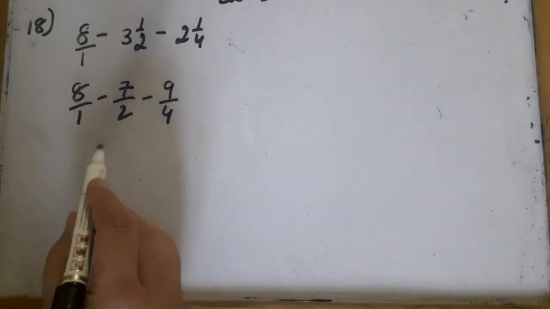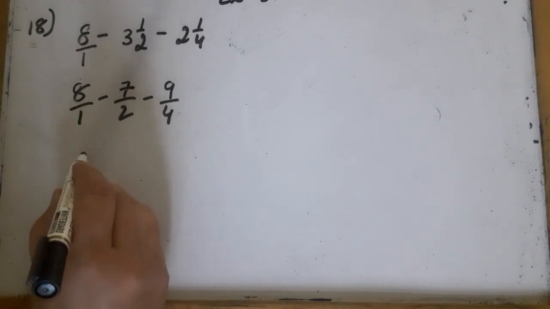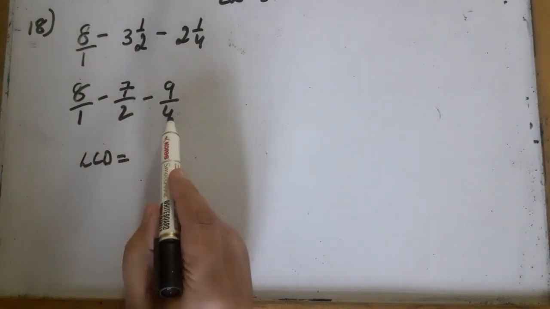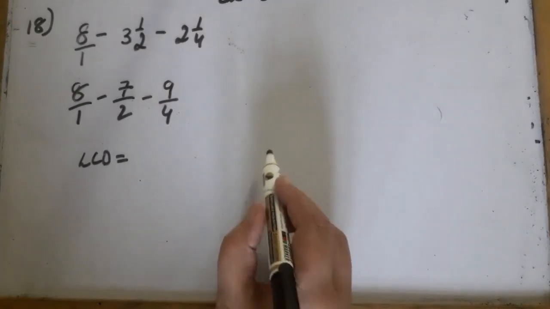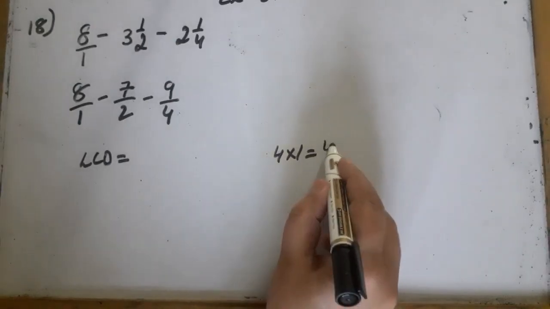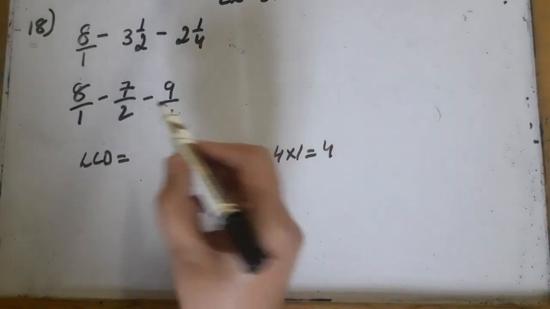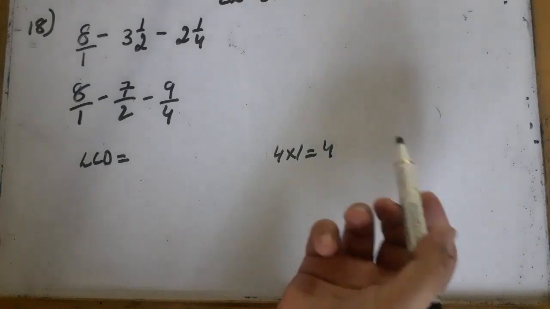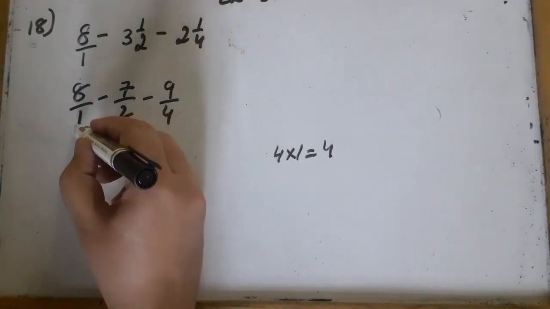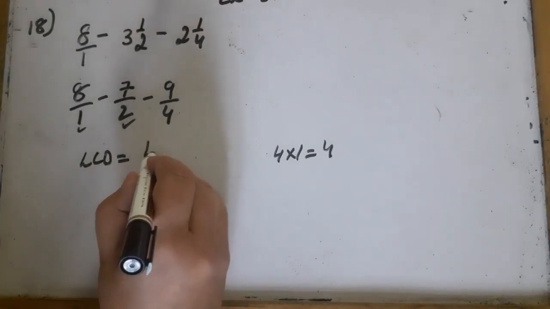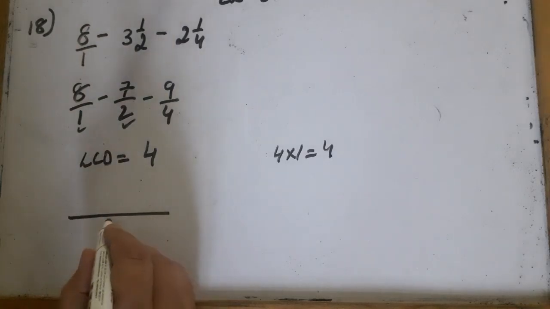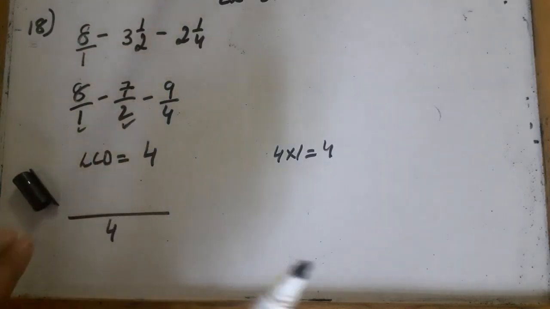Now these unlike fractions I have to convert into like fractions by taking out a common denominator for them. So say the table of the largest denominator, take out the multiples of 4. 4 ones are 4. Is 4 a multiple of 2 also? Yes, 2 2s are 4. So it means 4 you can have on the table of 2 also and 1 also. It means my common denominator for all of them will be 4. So all these will have the denominator 4.